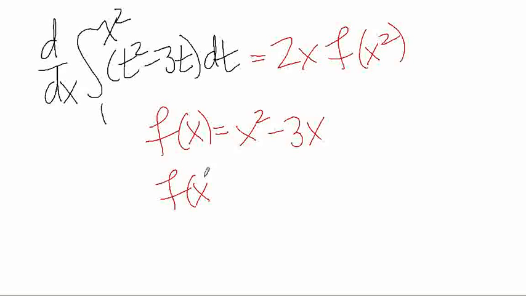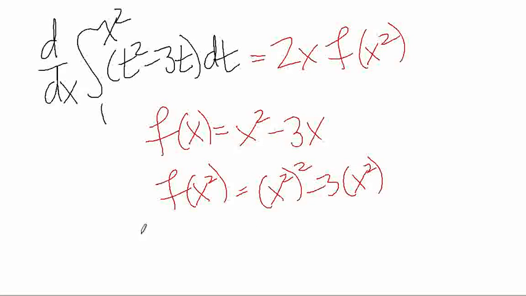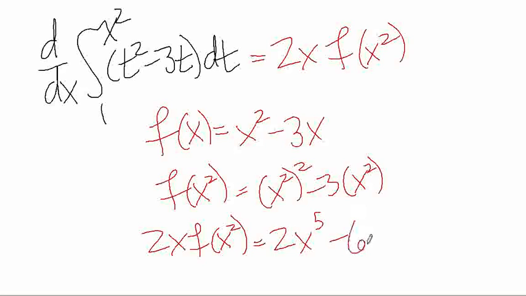So f of x squared is equal to x squared squared minus 3 times x squared. So 2x times f of x squared, simplifying, is 2x to the 5 minus 6x cubed. Okay, and I hope that's the answer that you got. All right.